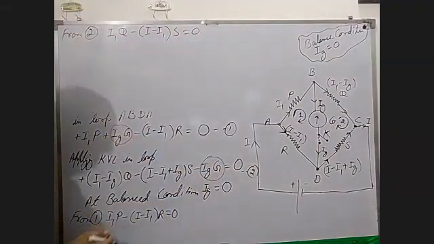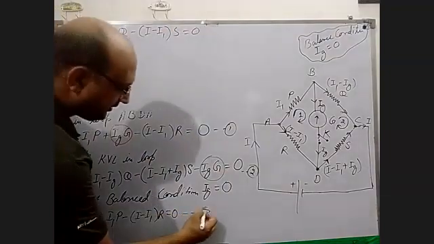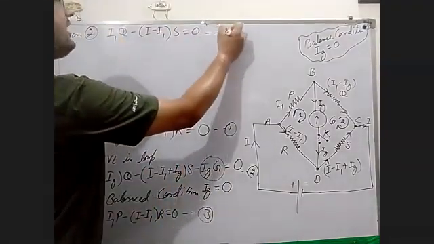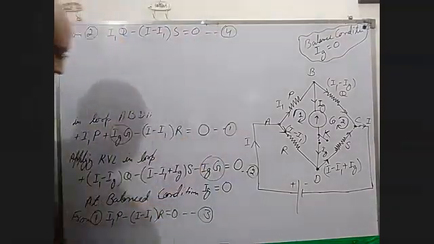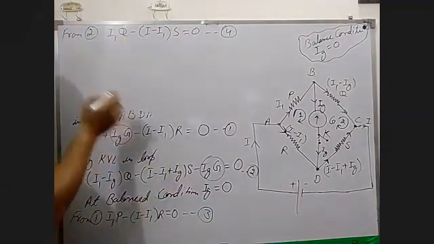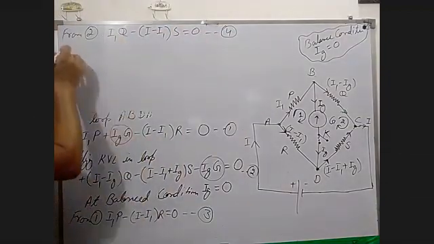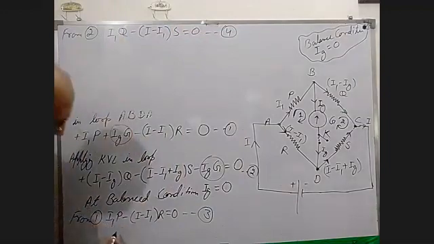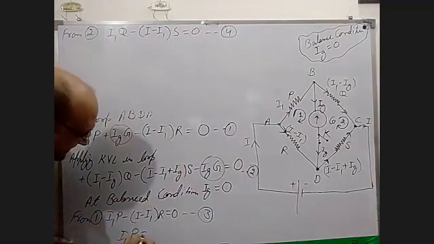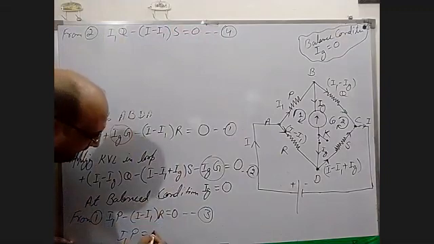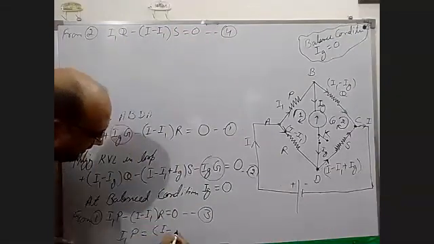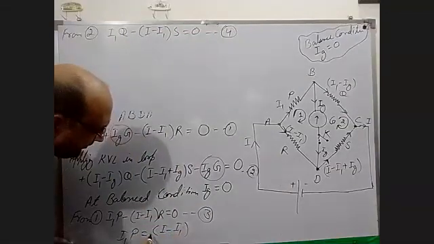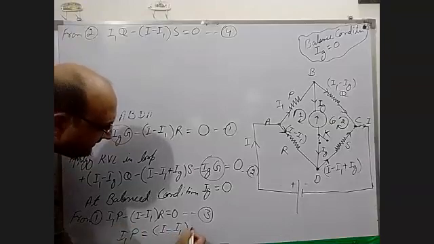So now we have two another equations, third and fourth. Now arrange it. Arrange first one. I1P is equal to, this term will go to another side with positive sign because negative sign is there.